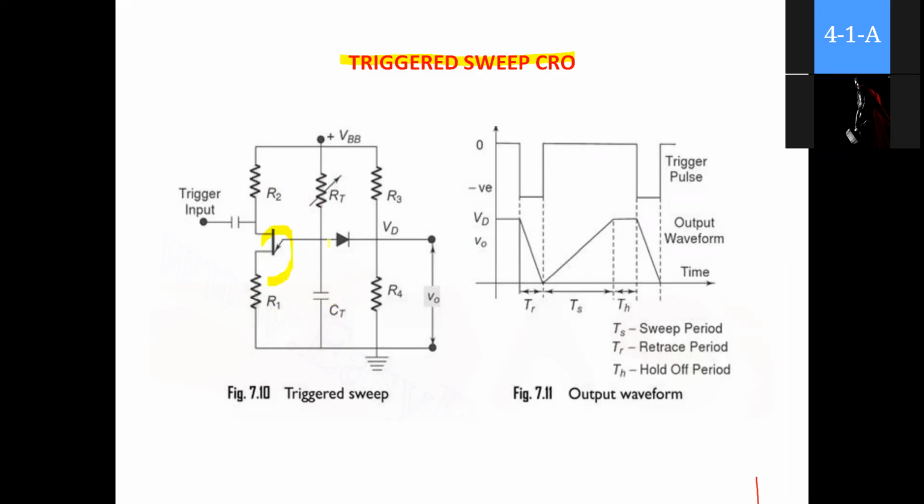Here we have a diode, and a voltage divider R3 and R4. If a diode and a voltage divider network are connected to the continuous sweep CRO, it is converted into a triggered sweep CRO. What difference is caused when we add these two components? We will look in detail.